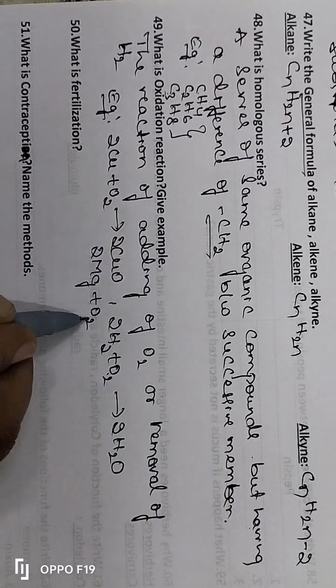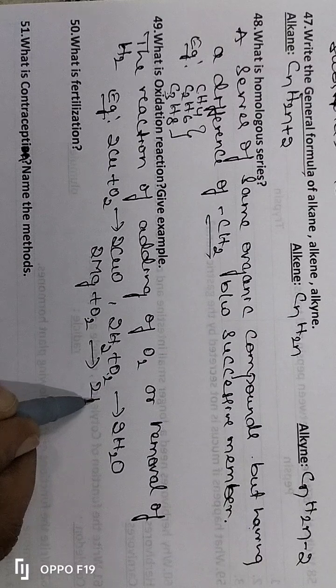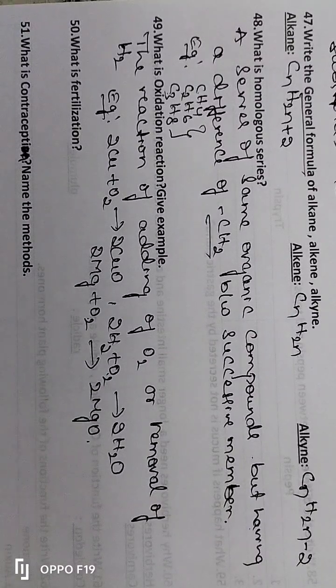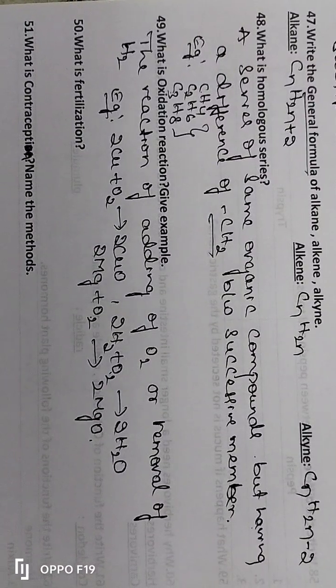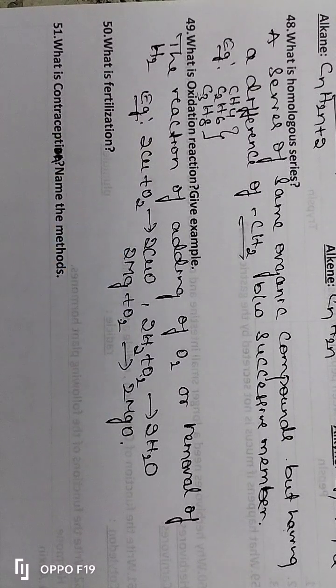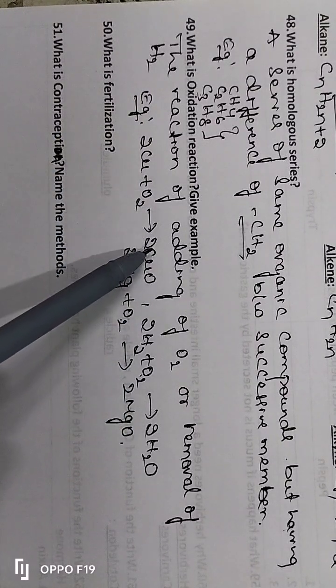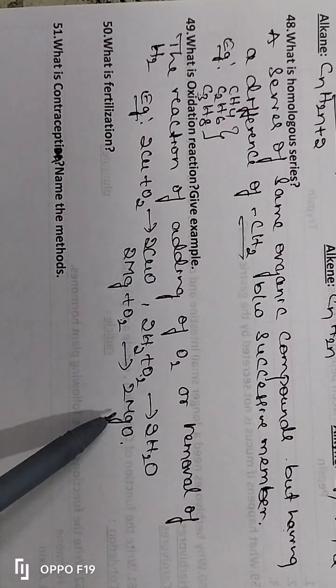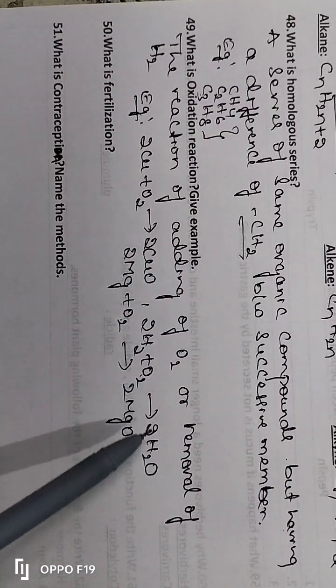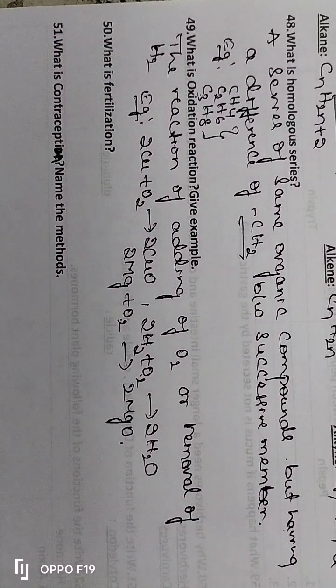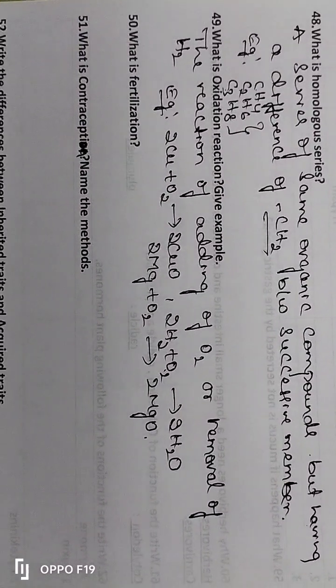For magnesium we are adding oxygen to become 2MgO, that is magnesium oxide. All the three examples you can keep in your mind: 2Cu plus O2, 2CuO; 2Mg plus O2, 2MgO; 2H2 plus O2, 2H2O.